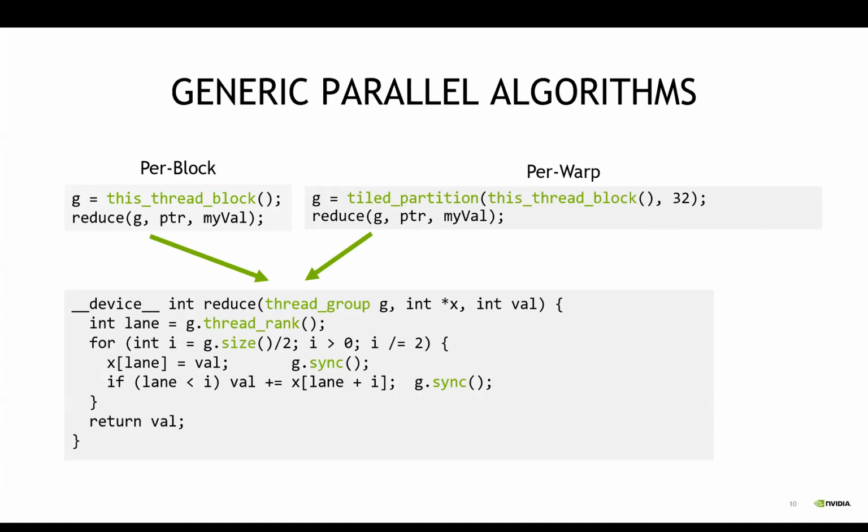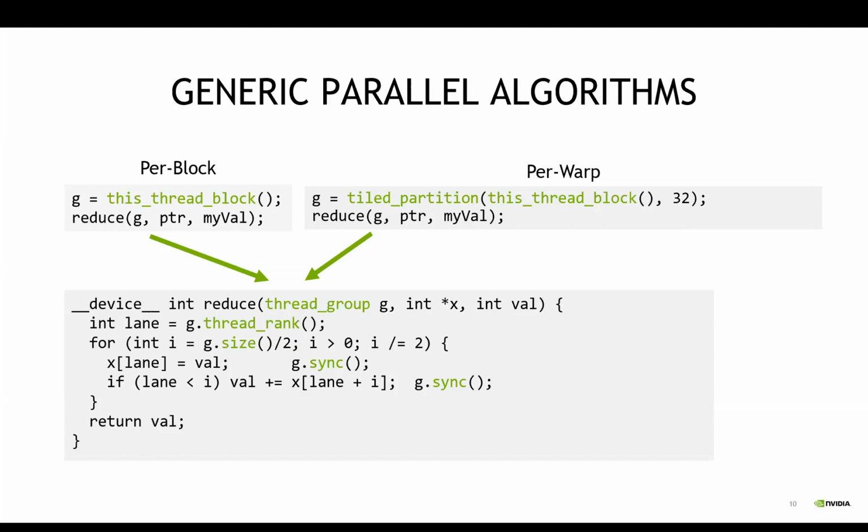These are all entities that inherit from the thread group object type or the thread group class. Whether we're talking about the thread group or any of the subdivisions of the thread group, we'd like to be able to write a generic parallel algorithm which could take any of those kinds of group divisions or group levels and work in a sensible fashion.